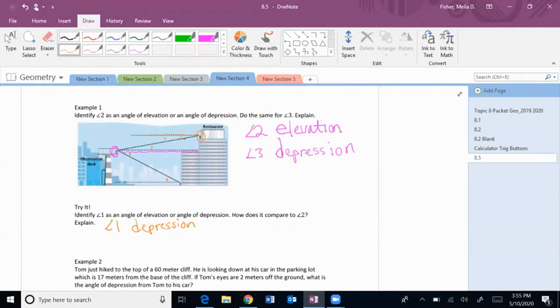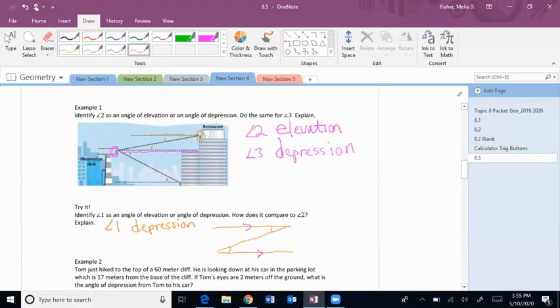Now, angle 2 and angle 1, they're really separated by this horizontal line and this horizontal line. And we have this angle, and we have this angle. Well, all horizontal lines are parallel.